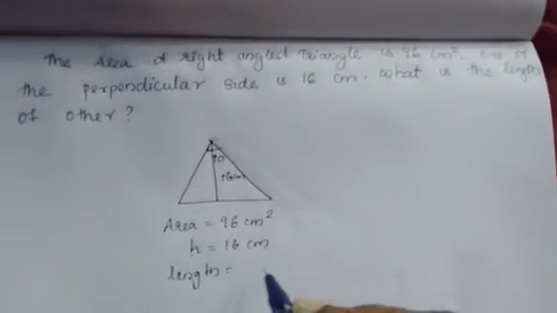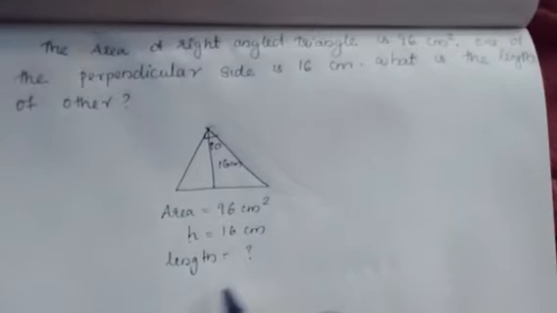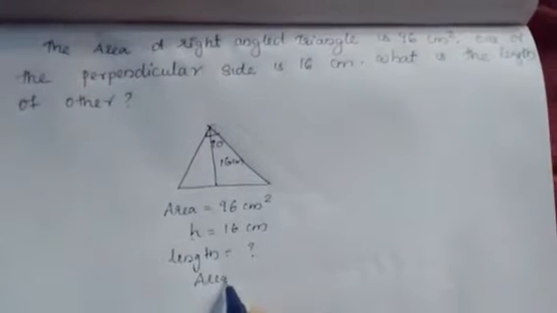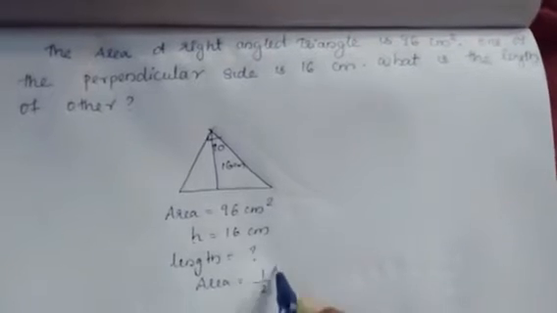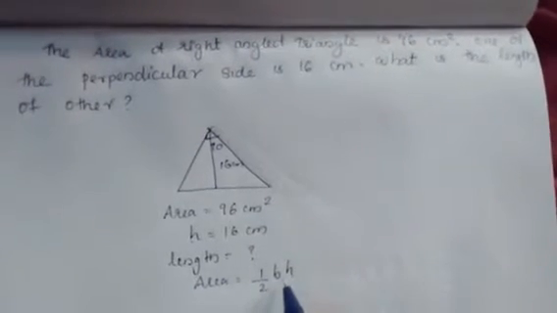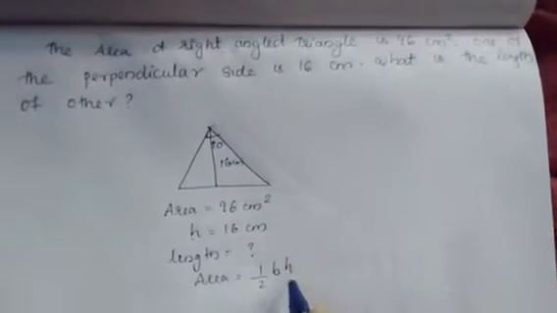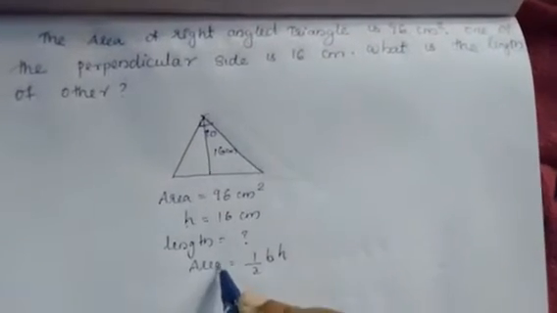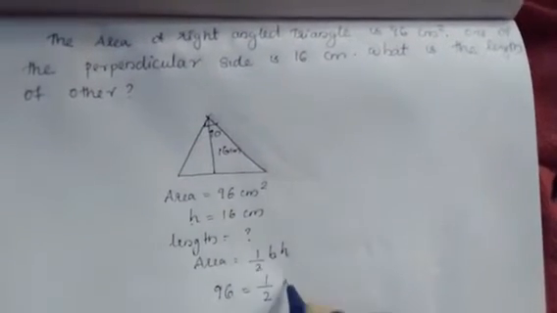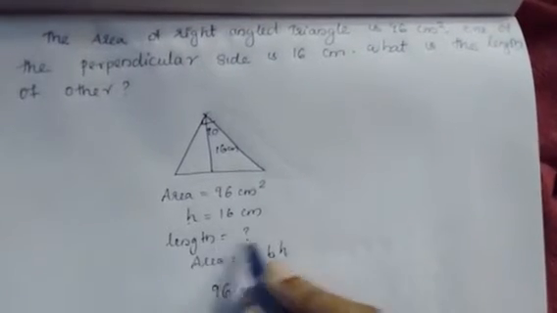Okay, we know that area is, how would you find area? Half into B H, that is the product of base into height by 2. Here the area is given, it is 96, and there is no change in the half. B, we don't know what B is.